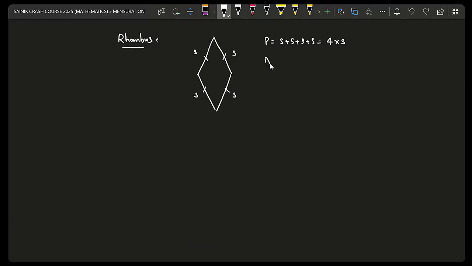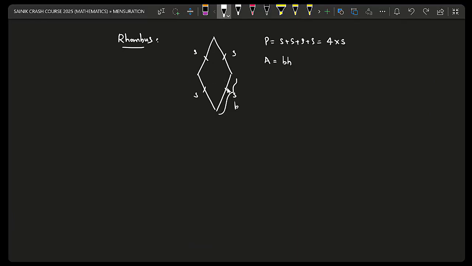Now area. So to find the area of a rhombus, we can also use area of parallelogram formula, that is base into corresponding height, because every rhombus is a parallelogram. If you consider this as your base and this corresponding height you can consider as H, then B into H is going to be the area.